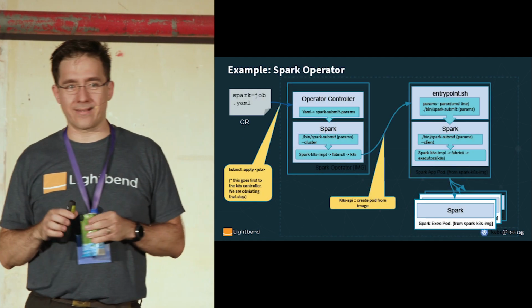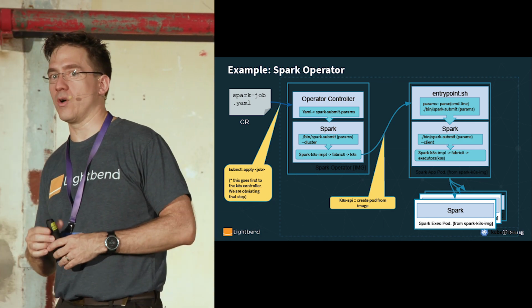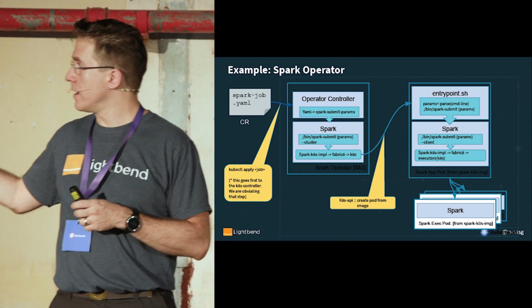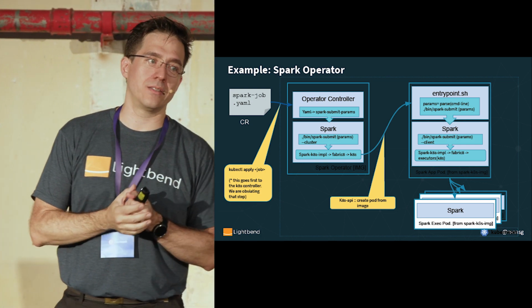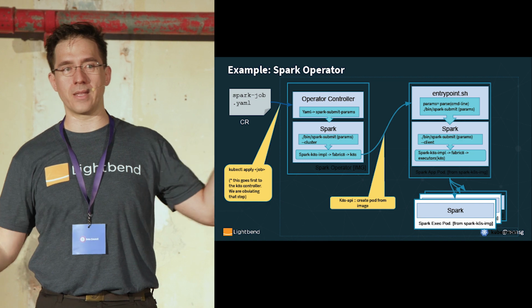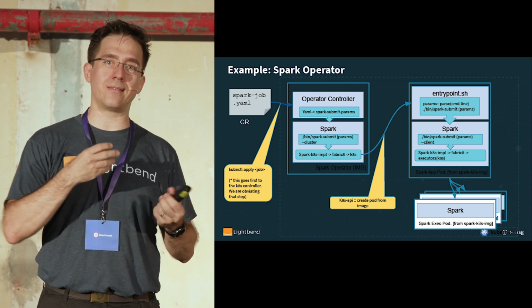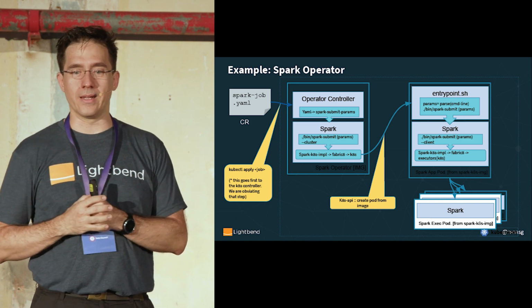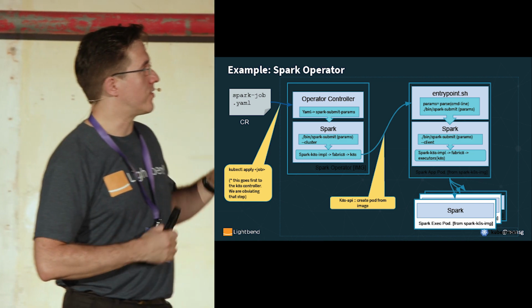Here I start with one example that I like. It's how the Spark operator works. There is a controller there. The controller understands this YAML file. And the YAML file for Spark is a little bit more complex than the one we just saw. But it's saying this is the Docker image that we have. These are the different configurations that I need, et cetera, et cetera.